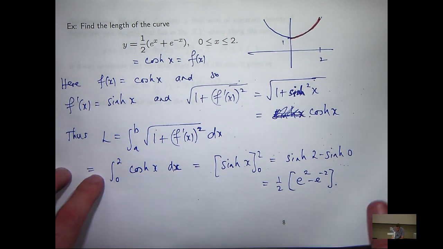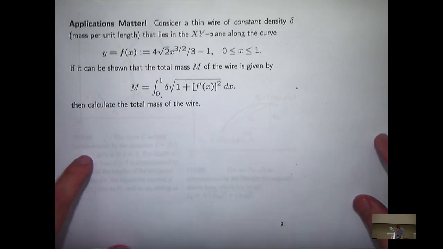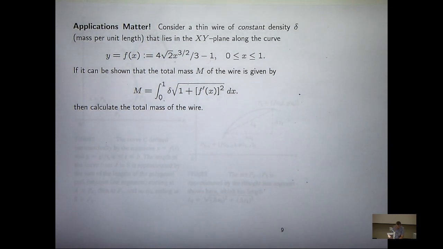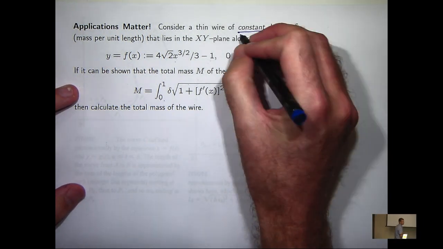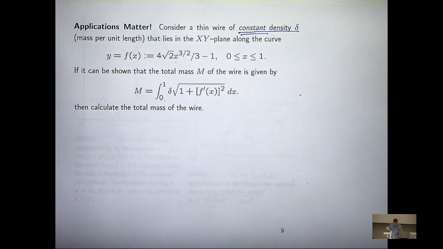All right, let's have a brief look at an application, getting back to the mass calculations that I talked about at the start of the lecture. Now, suppose we have a thin wire, and in particular, the wire has constant density.